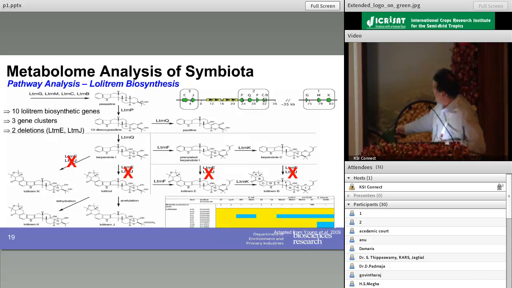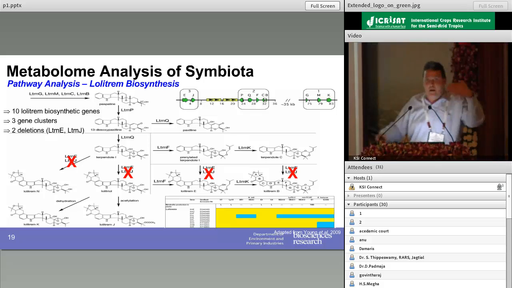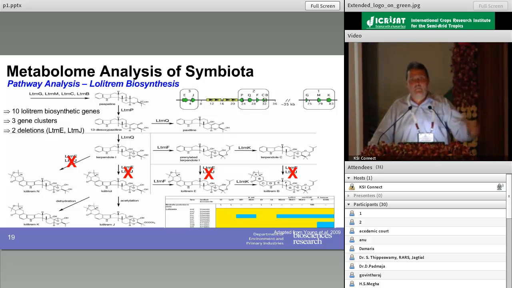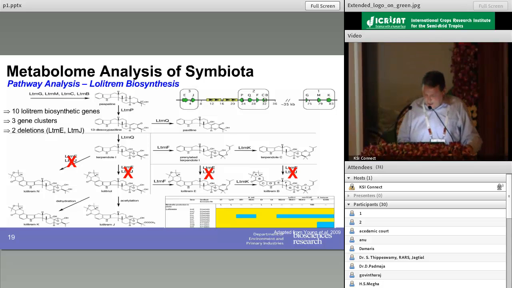You see here examples of endophytes that will not produce lolitrem because they lack those two genes. So the question is, what happens if we have a molecular lesion in a pathway relating to the precursors, some of which are potentially bioactive, and some potentially tremorgenic?